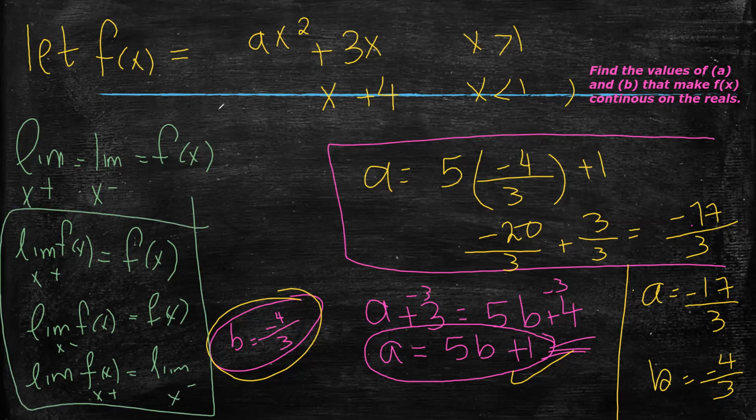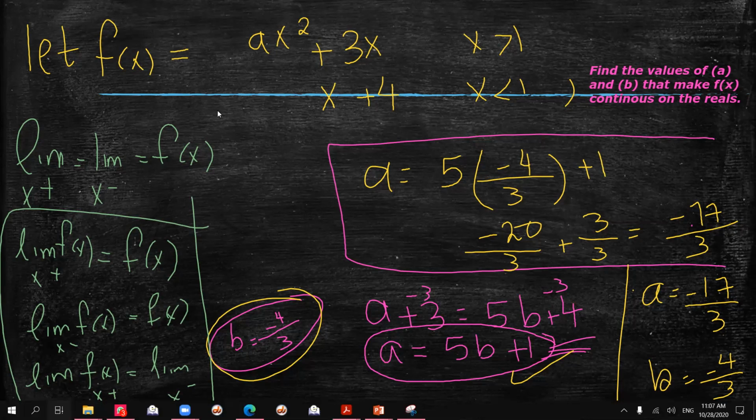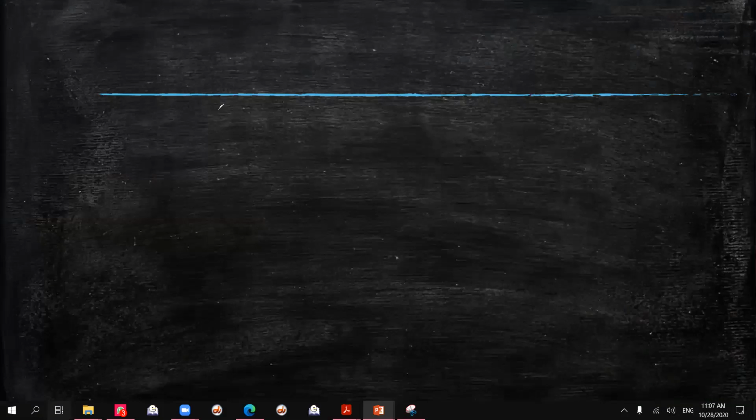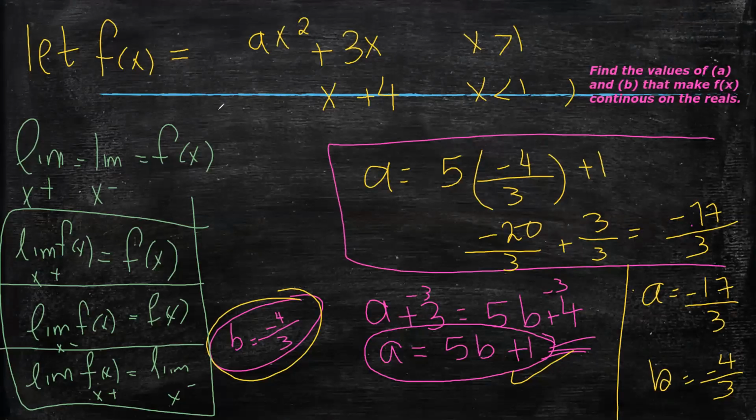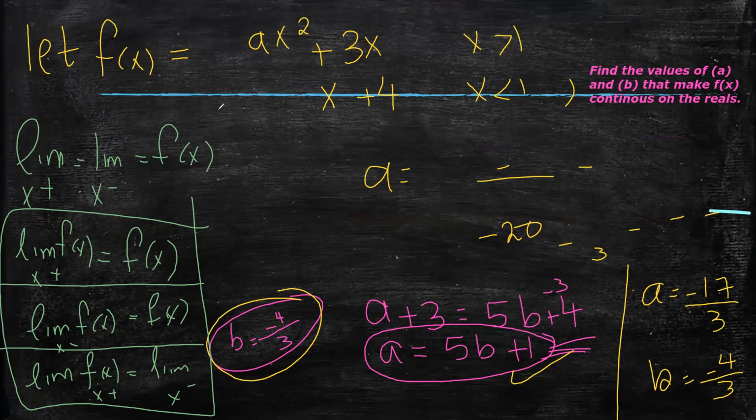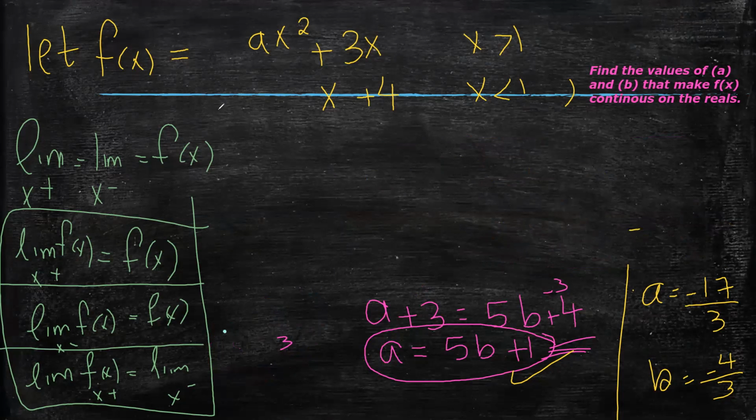Because these three values, the limit from the right, the limit from the left, and f of x, are equal, I can use any of them to find any missing number. And the two missing variables here were a and b.